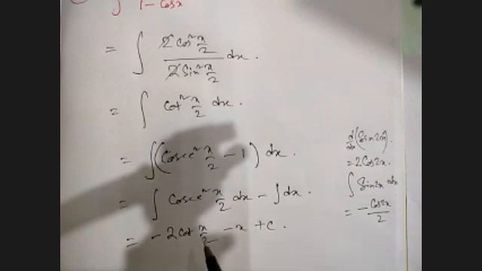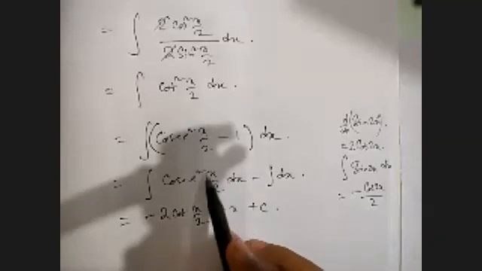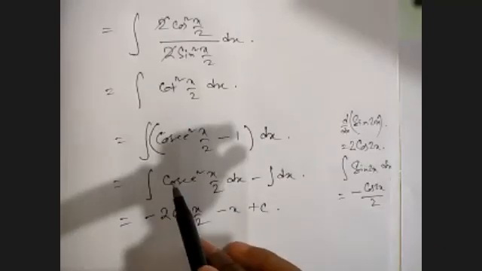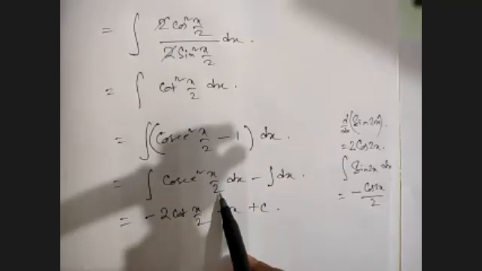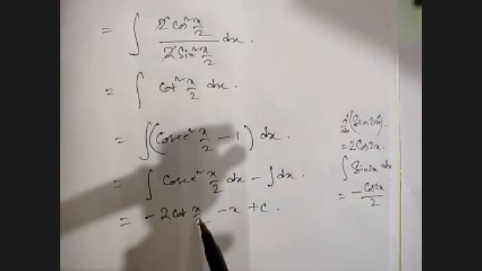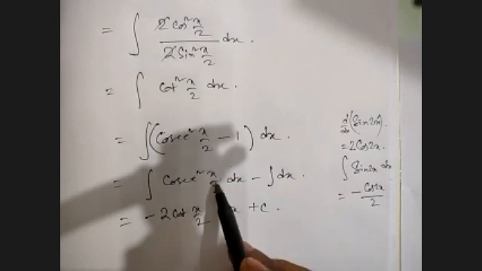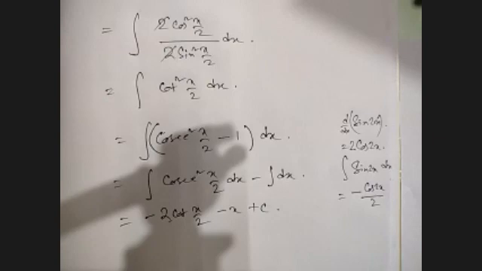So here it is x by 2. So integration of cosec square x by 2 is minus cot x by 2 divided by d/dx of this, that is half. So ultimately it is coming 2 cot x by 2 minus x plus c. Clear? Understood? Yes, sir.